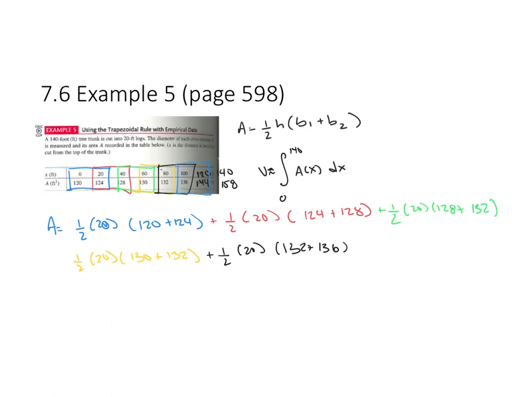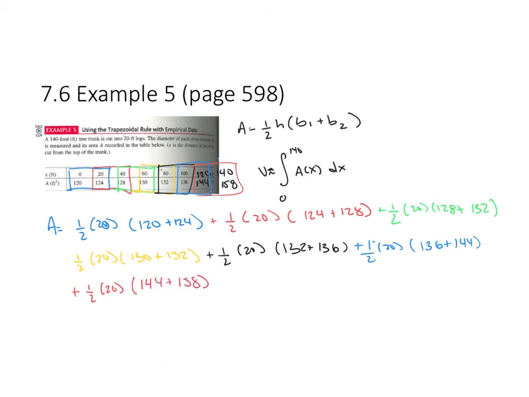My width is 20 again, and my bases are 144 and 136. And then the final block is right here. Between 120 and 140, my width is still 20, and I go from 144 to 158. Those are my bases.